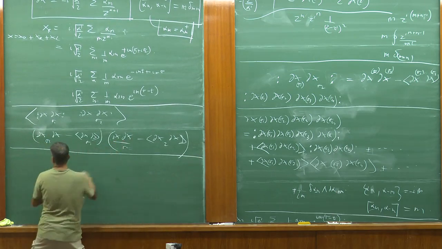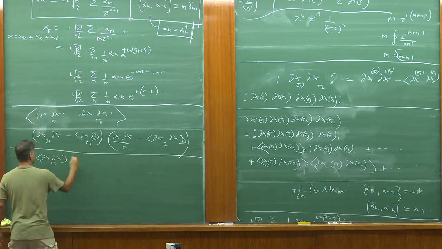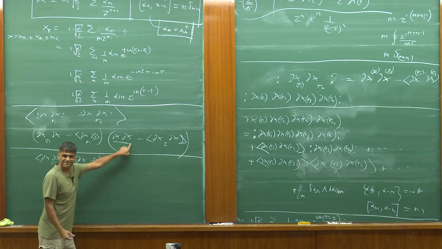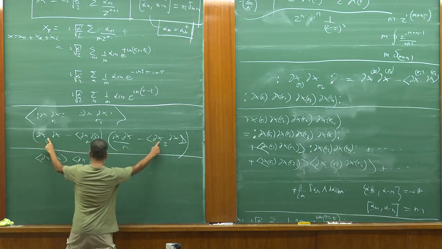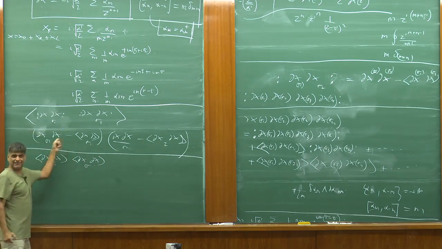First, from this term we would have got del x sigma 1 times del x sigma 2. That's this guy. Then from this guy, the only way that's left here is to contract this with itself.